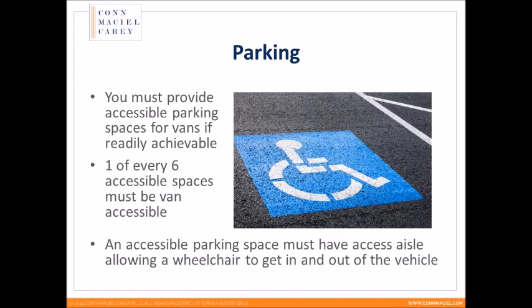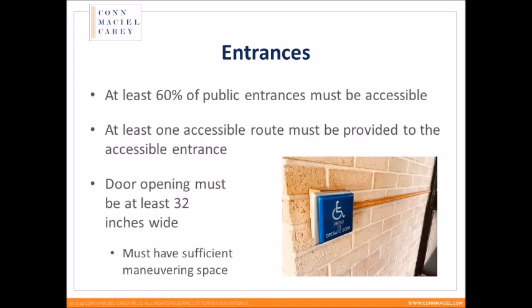It may just be looking at the number of spaces that you have in total, ensuring you have the right number of spaces, both parking and van accessible spots, making sure that the path of travel from that parking space through the access aisle to the sidewalk into the accessible entrance into the property is compliant with the law, that it's level, and that can really help avoid a lot of the common drive-by plaintiffs who might not even want to necessarily get out of their vehicle to determine if a property is compliant or not.